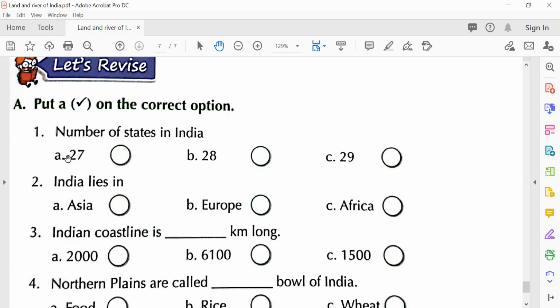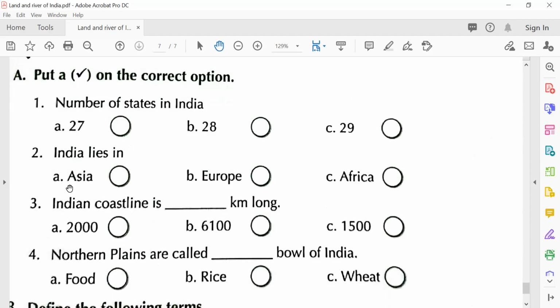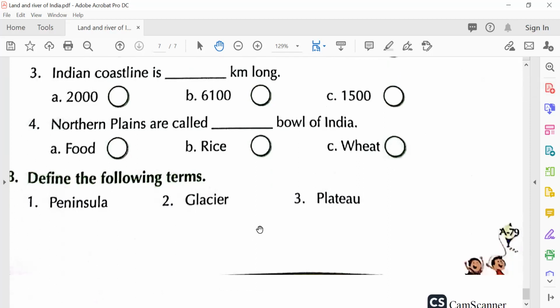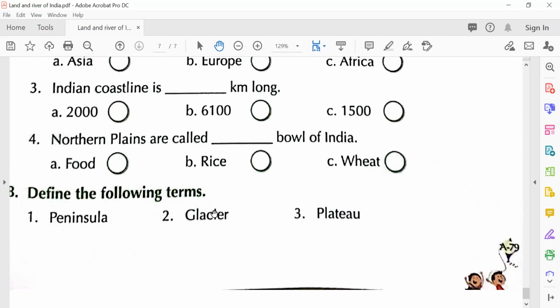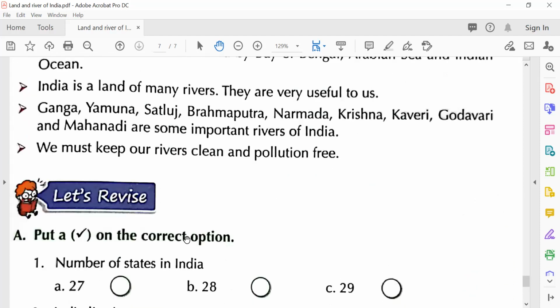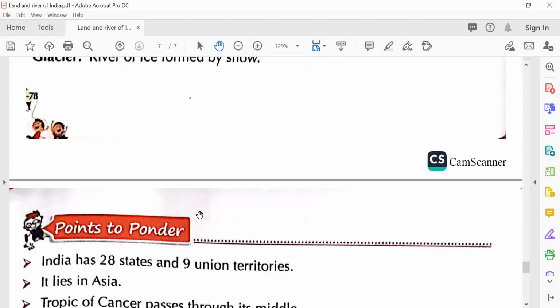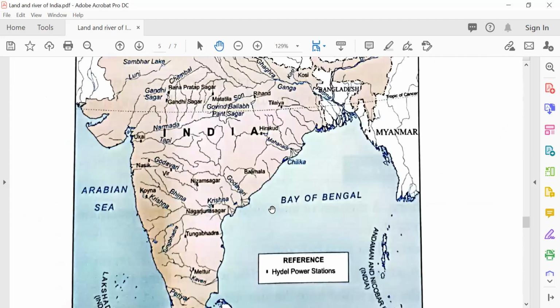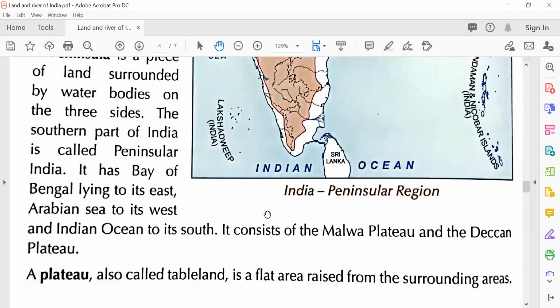So, number of states in India. What's the correct answer? 28. Yes. India lies in which continent? Asia. How long is the Indian coastline? I think it should be bigger. We will check in the book. Northern plains are called which ball of India? Football of India. Now define the following terms, you already did here. The definitions are written here.